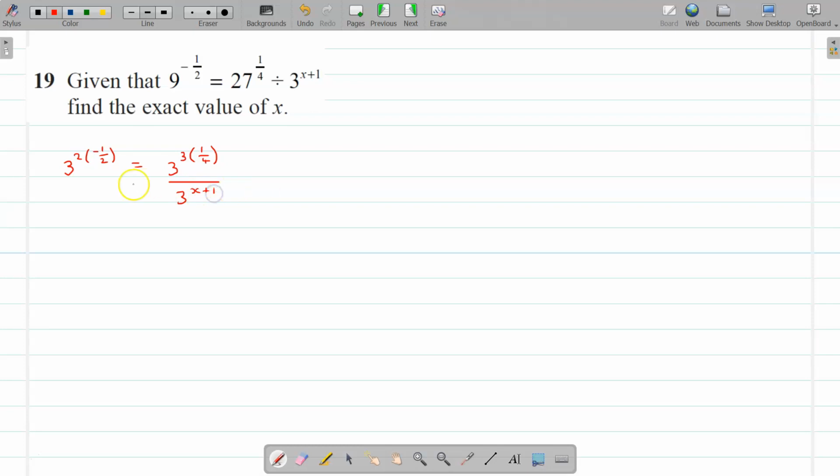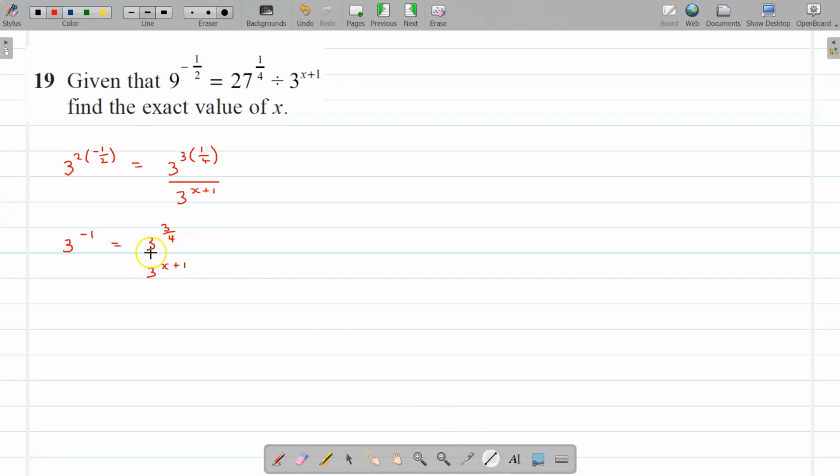Now, using the rules of indices, 2 times minus a half is minus 1. So that's 3 to the power of minus 1 equals 3 to the power of 3/4, divided by 3 to the power of x + 1.